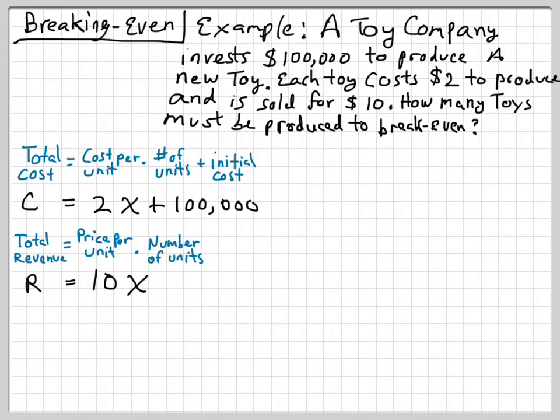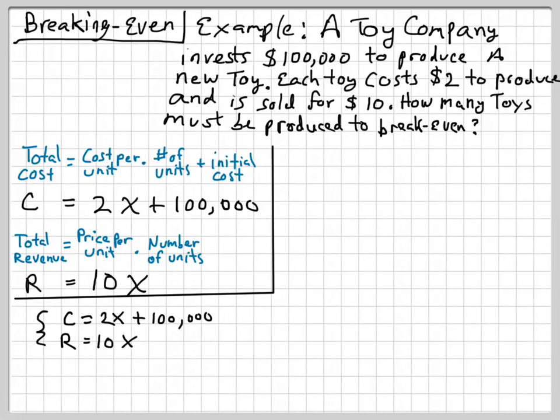And that equation is made by price per unit, and in this case we have $10, times the number of units. And once again, x represents the number of units, or toys in this case. So once we have our two equations, one equation for cost and one equation for R, we have a system of two equations here.